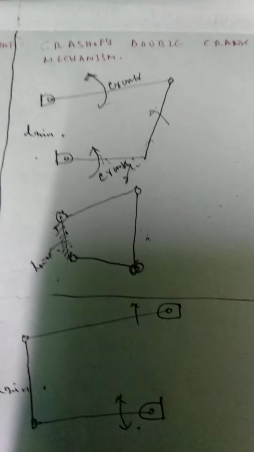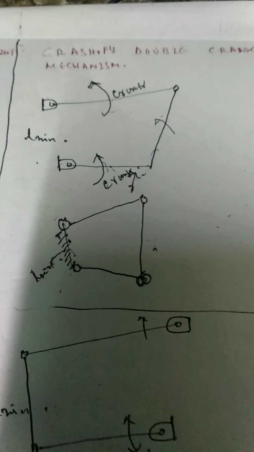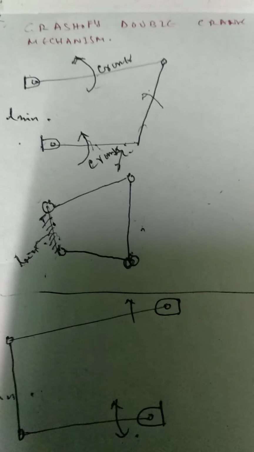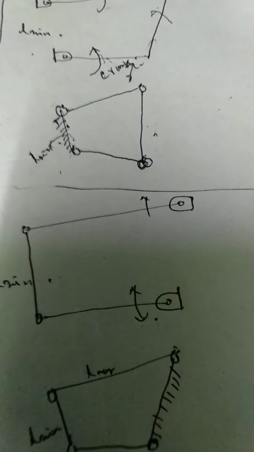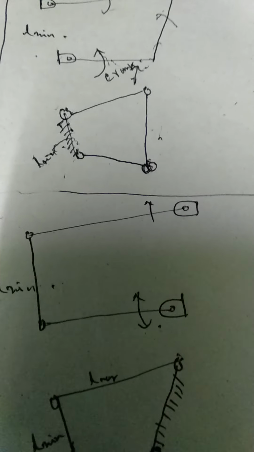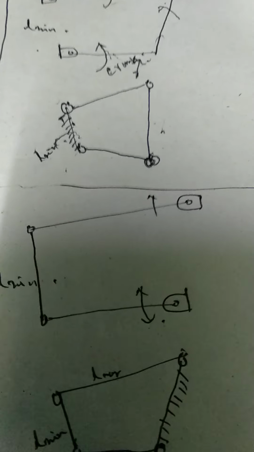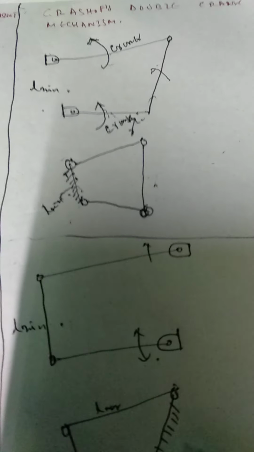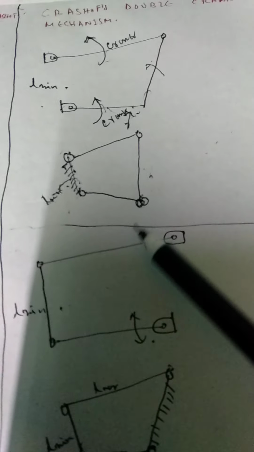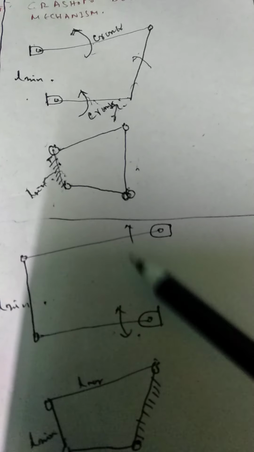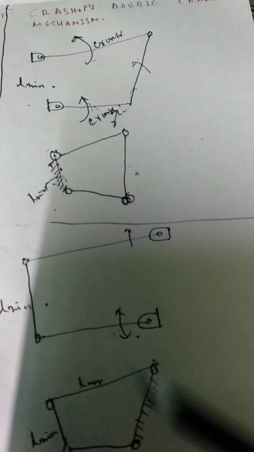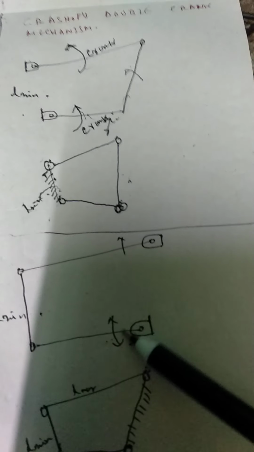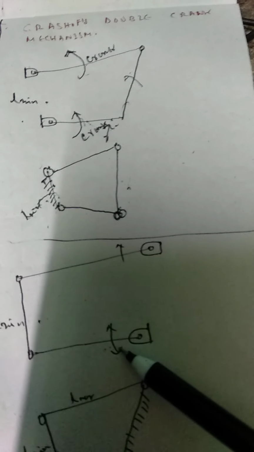So now we will study the last inversion, that is when we fix the other intermediate link which we have not fixed. So in this chain you can see that I have fixed the other intermediate link, and when we fix this intermediate link, these two links will rock with respect to one another.